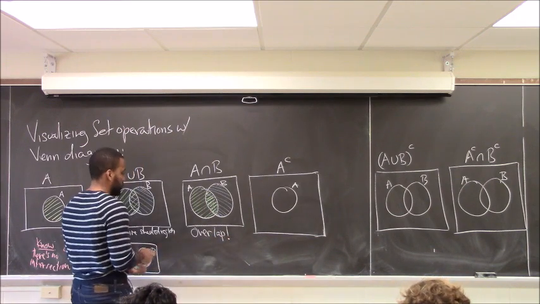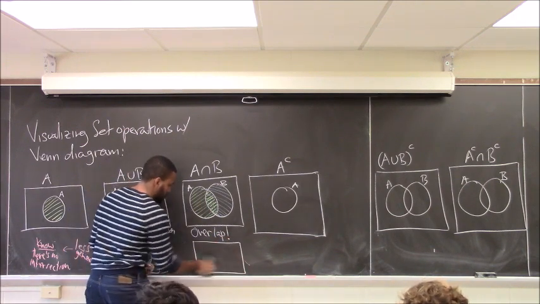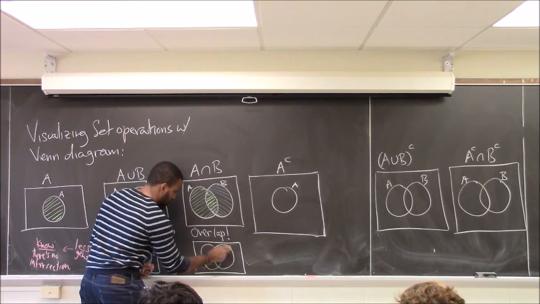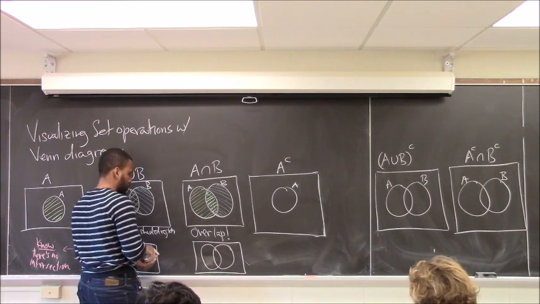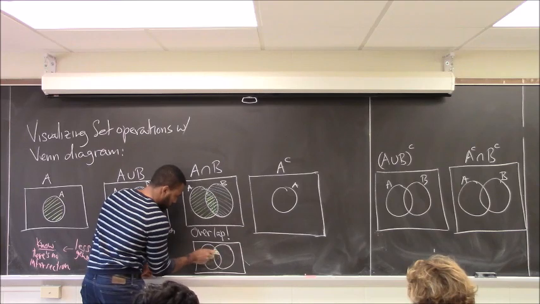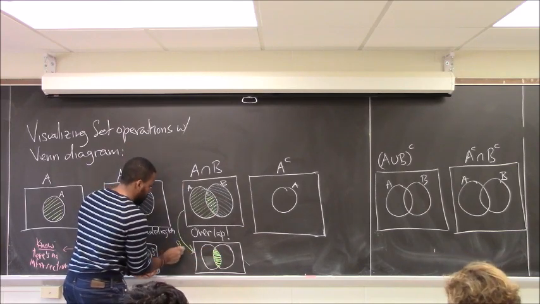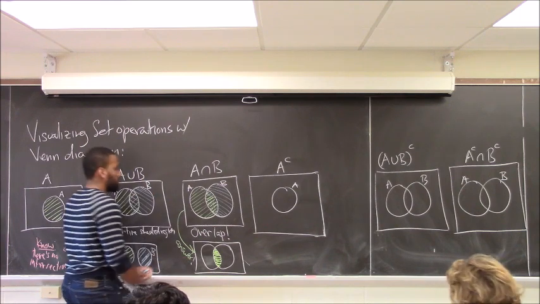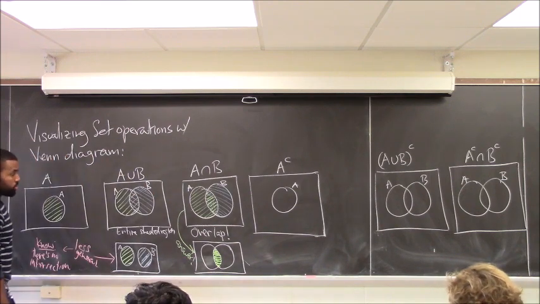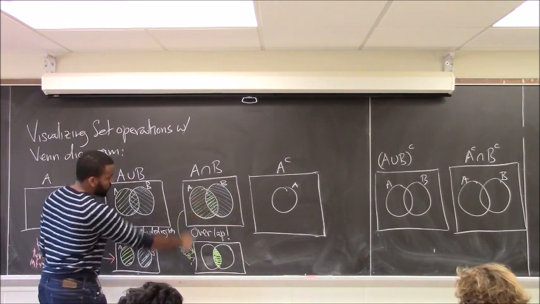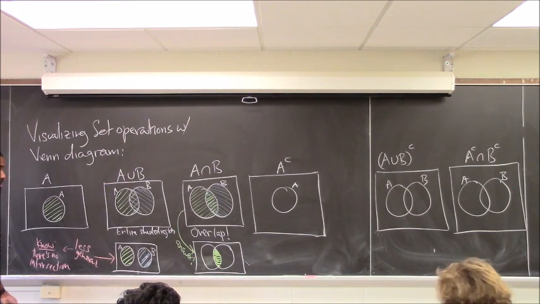So the actual answer is what's in here? You're looking for intersection, you're looking for overlaps, you're looking for a place where all the shaded regions intersect.